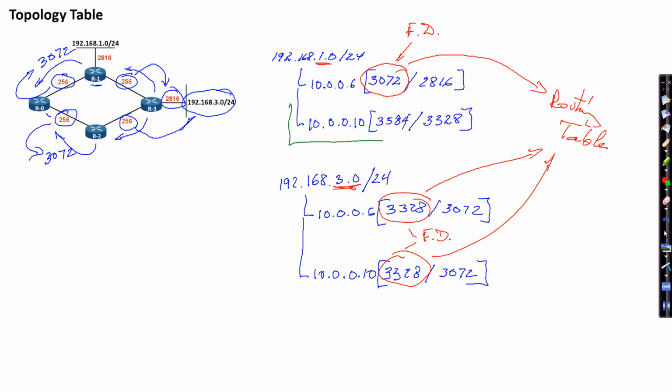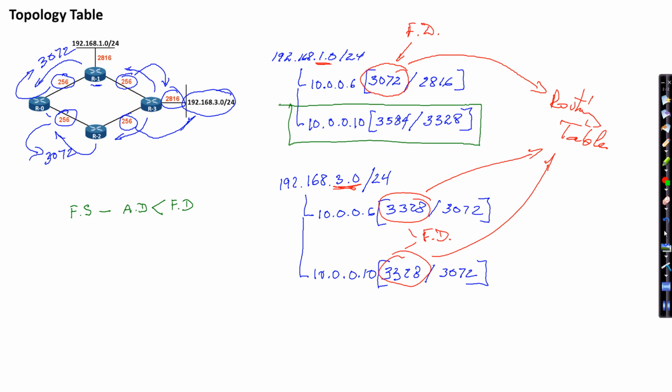Now what about this path? Could that be our feasible successor or a backup route? But not so fast. For a path to become a feasible successor, there is a condition, and the condition is the advertised distance for that path must be less than the feasible distance of the best path.